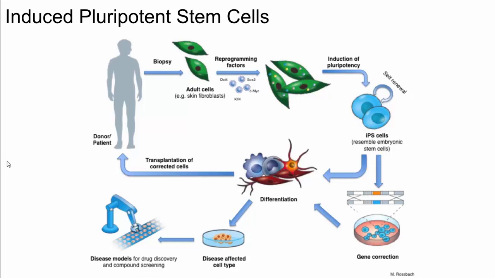If we give them this other set of factors, they'll turn into cardiac muscle cells. They've learned how to do this, so basically they can turn these cells into anything else. They can then look at correcting the genes, screening for different types of medication, trying to fix the damage and then retransplanting them into a patient. These are all possibilities using these iPS cells.